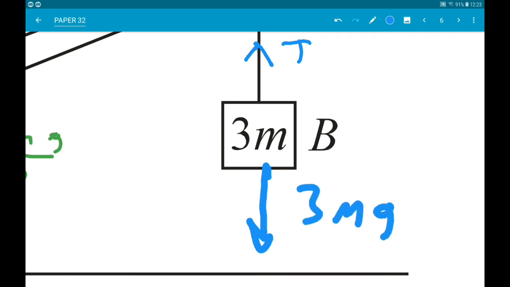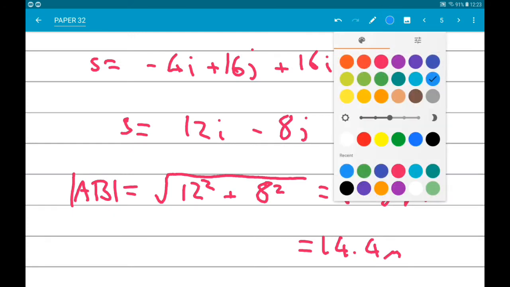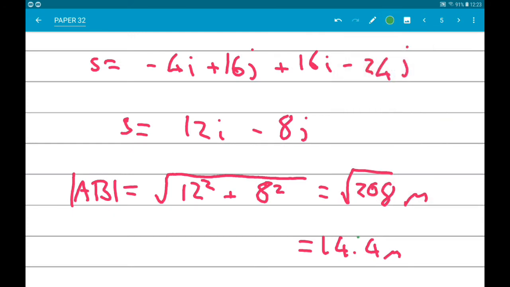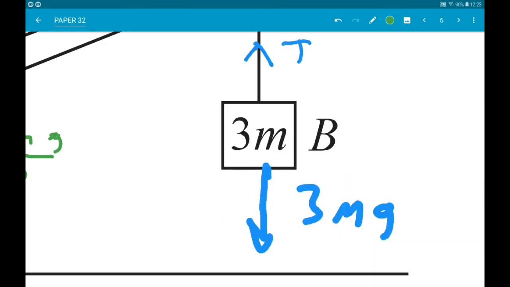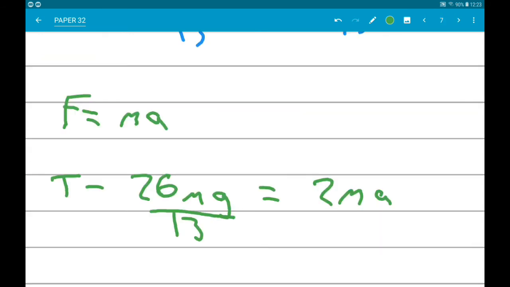Now, let's first of all rewrite A. So 26mg over 13 is just 2mg.